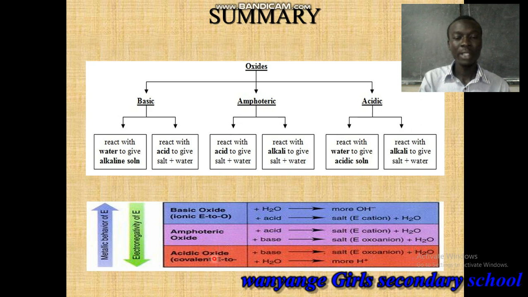Then acidic oxides can react with the base to form a salt and water. Acidic oxides still can dissolve or can react with water to form an acid. An acid is represented with hydrogen ions. Okay? Good.